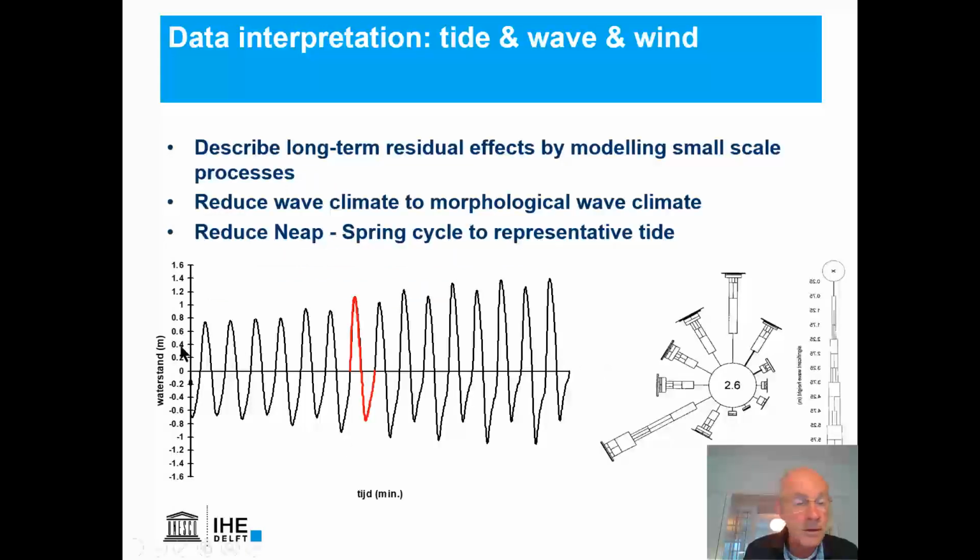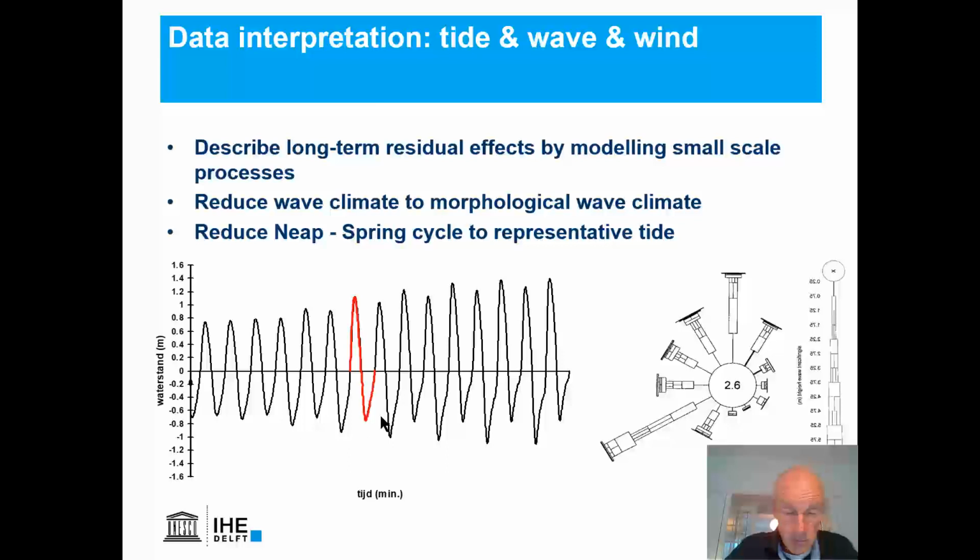So if we look at the spring neap cycle, here's an example of how the water level goes up and down. We try to find a tidal cycle that is more or less representative for the spring neap cycle, typically a little bit above the mean tide.